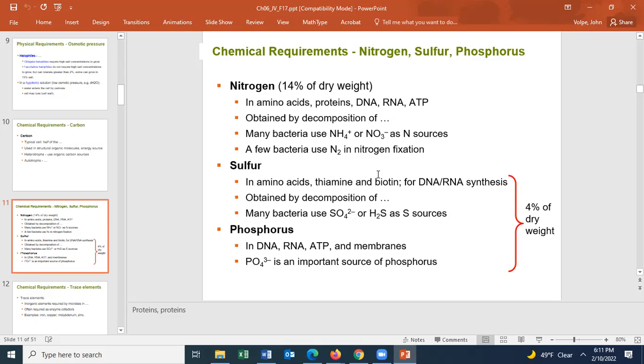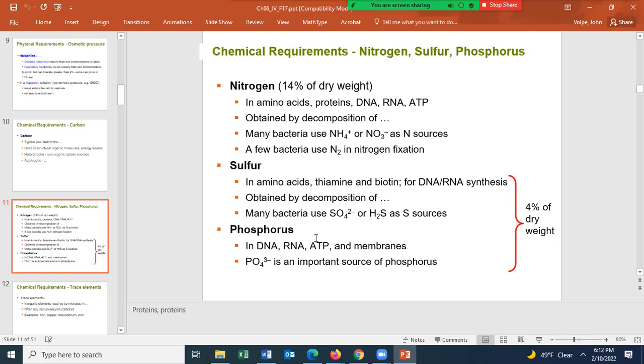Like I said, we get our sulfur from decomposing proteins. Bacteria can get their sulfur from decomposing protein, but many bacteria can get their sulfur from sulfate or from hydrogen sulfide gas. We cannot. Hydrogen sulfide gas is toxic to us. Green plants can get it from sulfate, but we cannot.